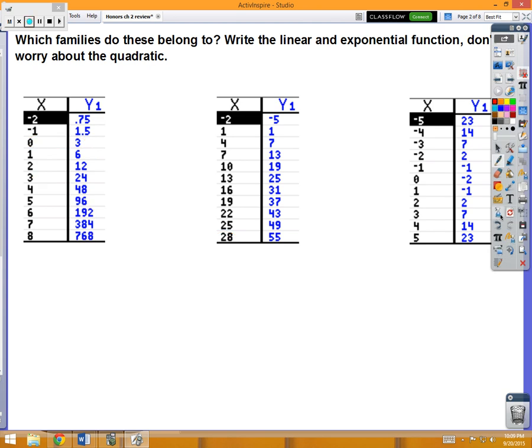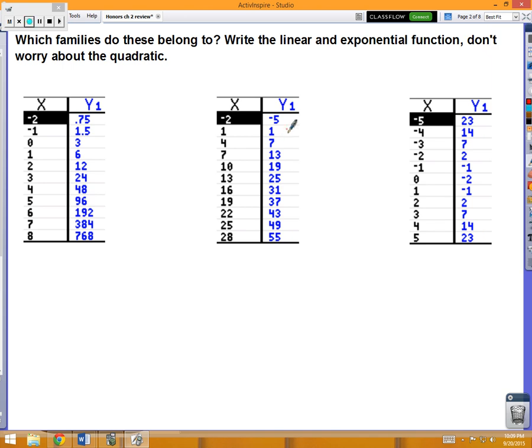The second one, this one's growing by addition. 1 to 7, that's a change of 6. 7 to 13, that's a change of 6. 13 to 19, okay, well, we know this one belongs to the family of linear. But it's a trick question because it's really not changing 6 every time.